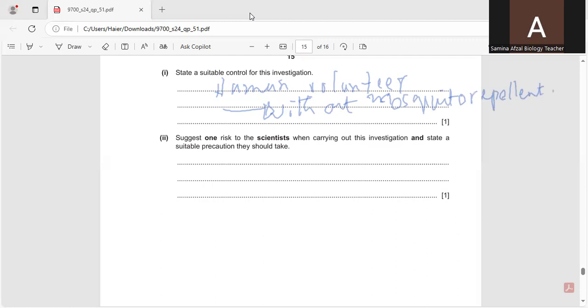Or one can spray water, or one can spray any other oil.